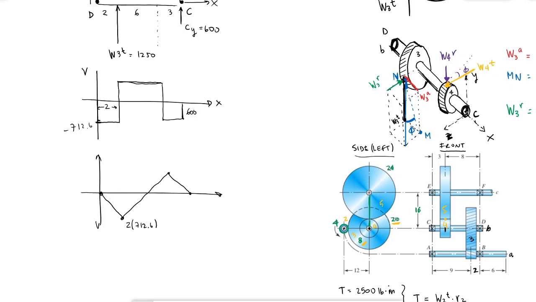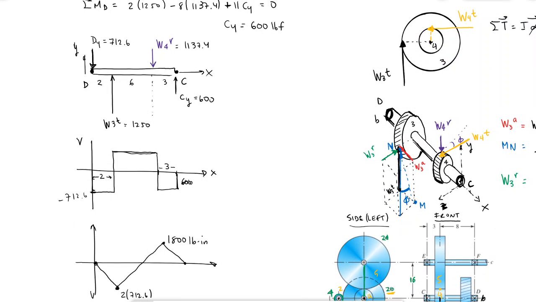It's going to be smaller than this 600 times 3, which is this distance, which is 1800 pound inches. Now I don't know which one I'm going to use because this is just one of the components, the Y component. But at least it's a starting point.